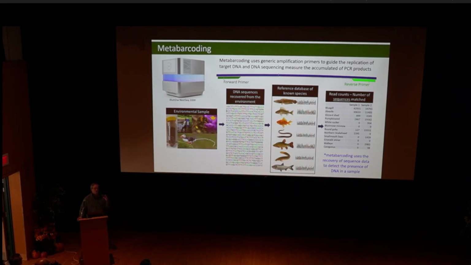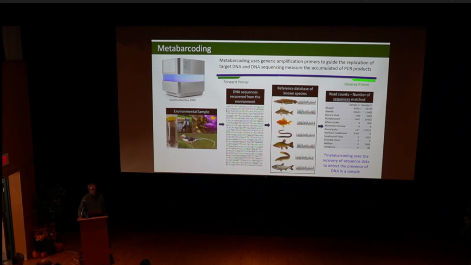So we need to compare the sequences that we recover from the environment to a reference database of known sequences. We've built those reference databases based on fin clips and tissue samples, physical capture, so we know what those sequences are.